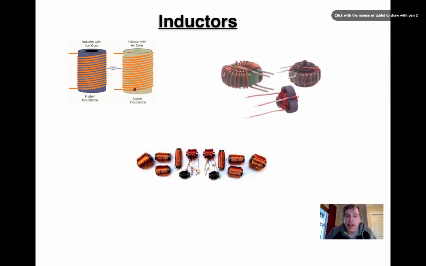And how does it do that? It creates an electric potential across the terminals of the inductor. The inductor starts here and ends here, so a voltage will appear between here and here when you change the current with respect to time. If the current is constant in time, the voltage is zero. But if you change the current with respect to time, there will be a voltage between these two points.